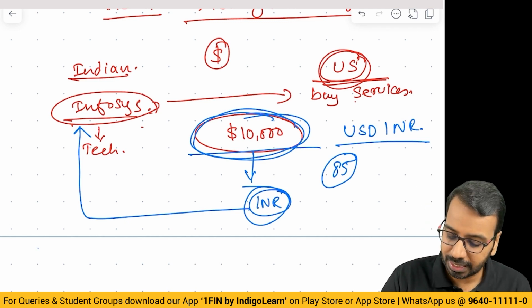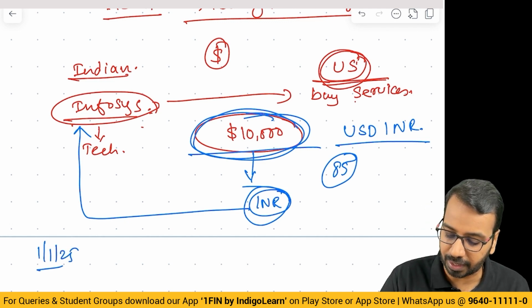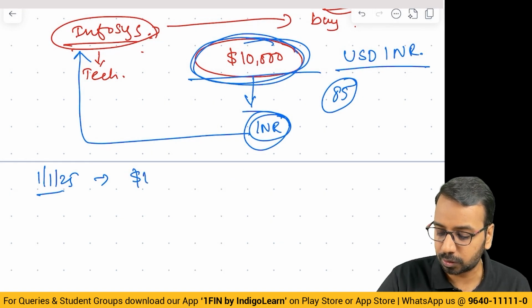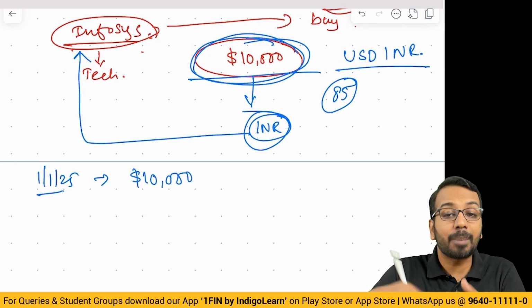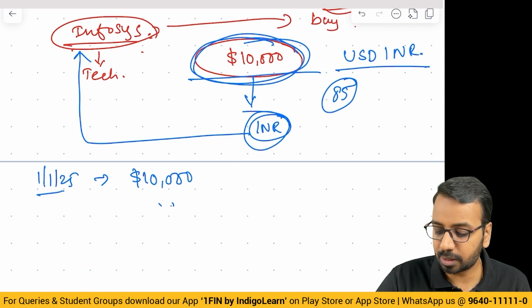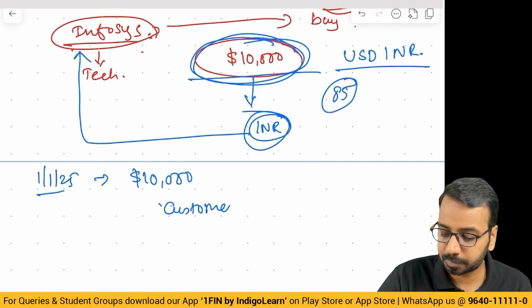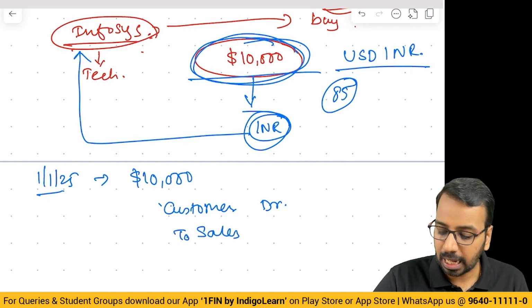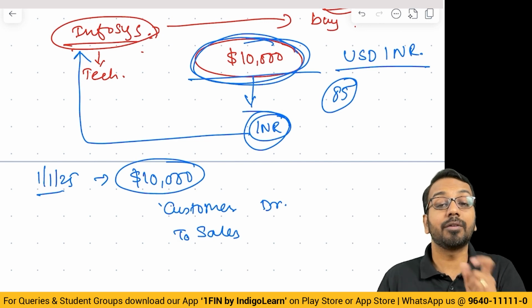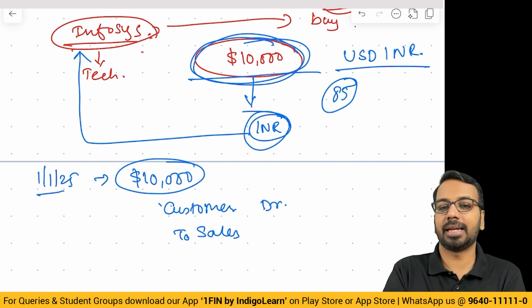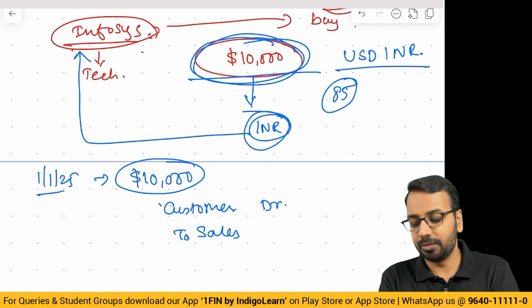So assume it is 1st of January of 25. Infosys sold $10,000 worth of services. While passing the journal entry, that is customer account debit and sales account credit, I cannot say $10,000, I have to convert that into INR. Accounting Standard 11 gives us a guidance as to what should be that rate when we are recording.